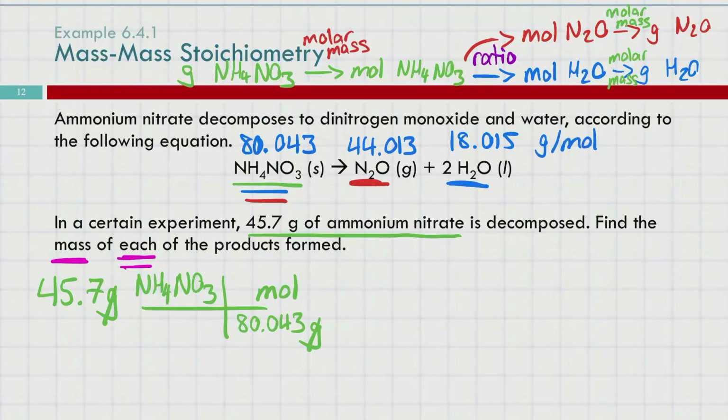So our units of grams cancel out, and we're left with moles of ammonium nitrate. We're going to need this number for both of our calculations, for our products, for our N2O and for our H2O.